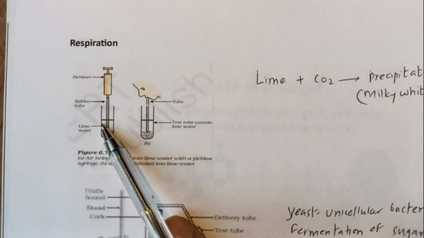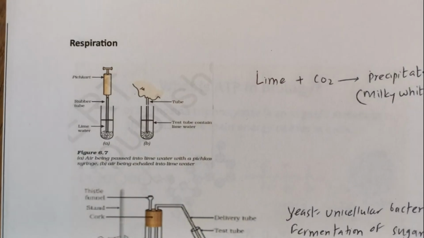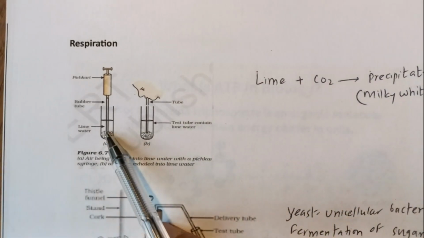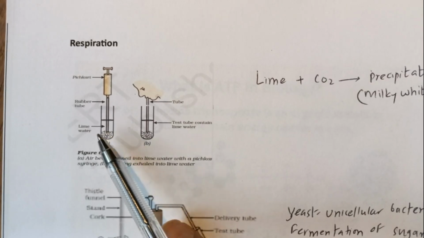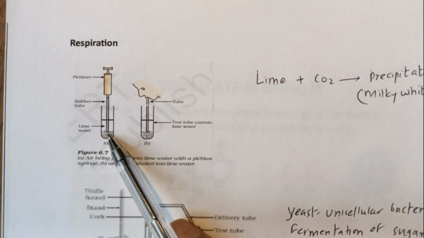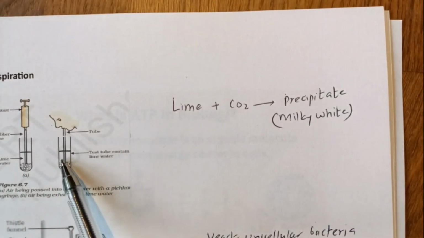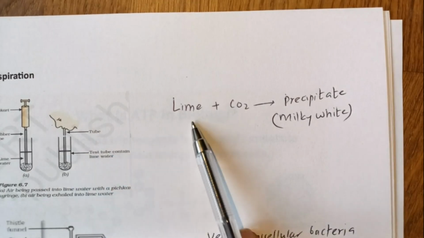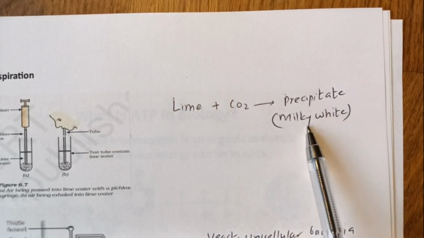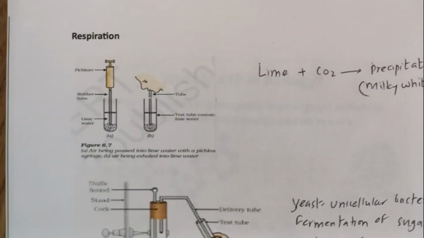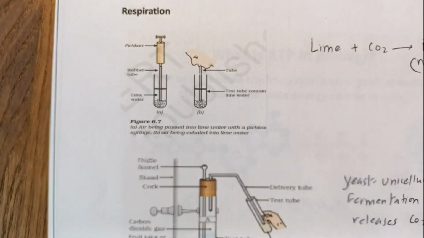Whereas here, because you are pushing fresh air that has very little carbon dioxide, it will take a lot of time for this lime water to turn milky, or it may not turn milky if you don't try hard enough. So remember, there is carbon dioxide in expired air that causes precipitation of the lime, giving a milky white color to the lime water in the test tube where we are blowing the expired air.